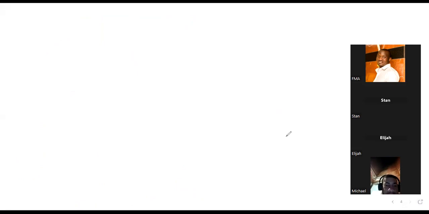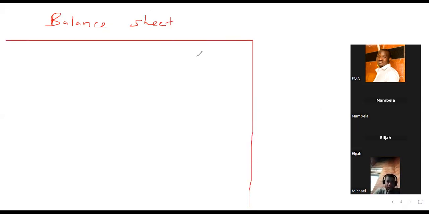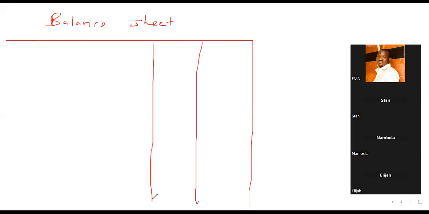Which 2 or 3 items do we add to the gross profit, if any, in the trial balance? As in adding other income? Yes, which other income items do you know? We can add discount received, and also a reduction in doubtful debt. Yes.